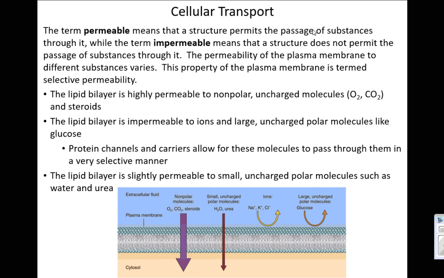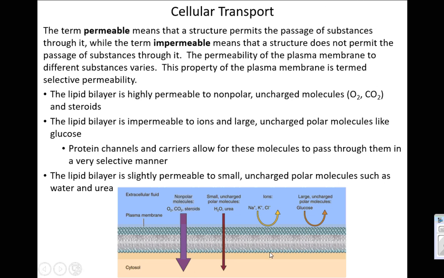Think of the plasma membrane kind of like a dish strainer, okay, where if you're making macaroni and cheese, you dump the water and the macaroni and cheese into the colander or strainer. Water passes through, but not the noodles. Okay. The lipid bilayer is highly permeable, meaning that it can easily pass through to nonpolar, uncharged molecules.